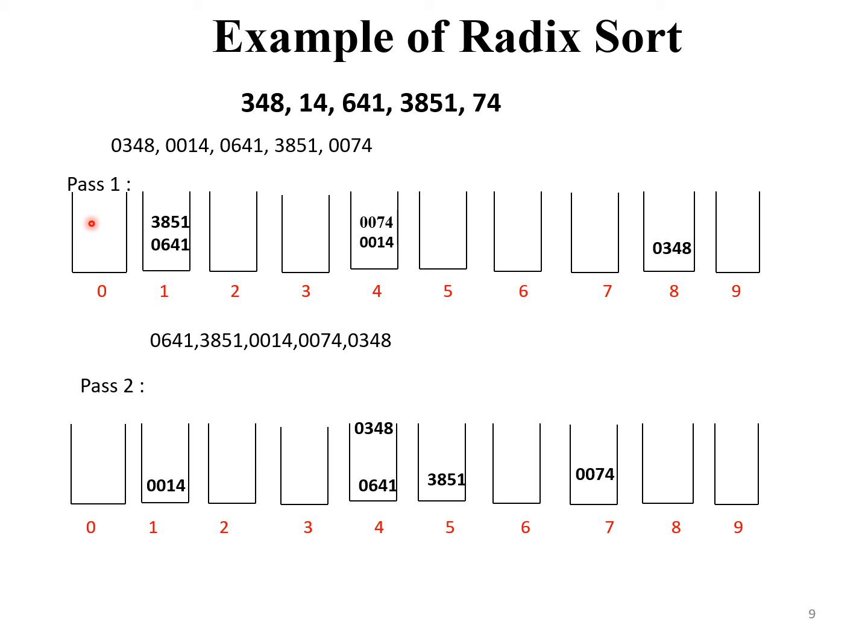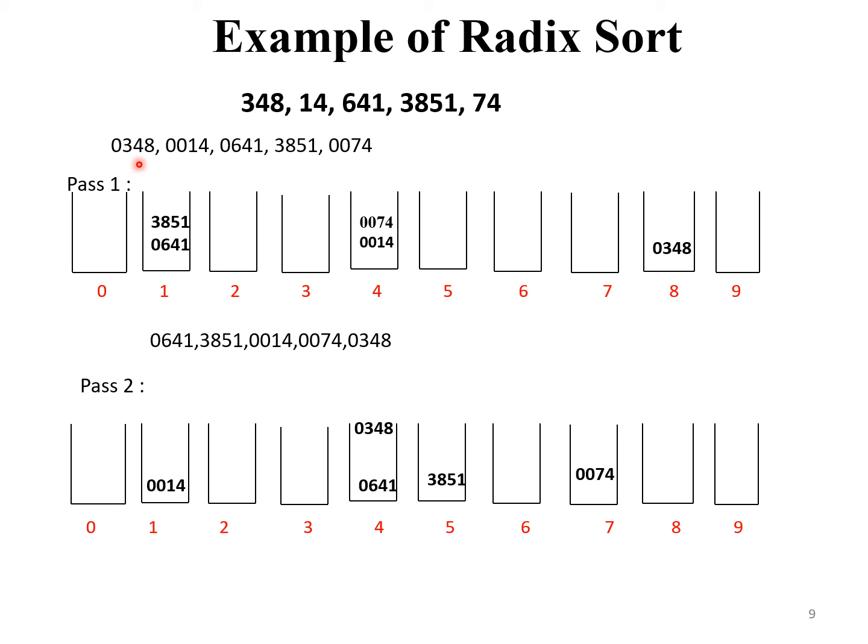Now before starting pass 1, see here remaining all elements are less than 3851, meaning less than 4 digits. So we put zeros on the left side of the remaining elements. Start from the first element, 348.